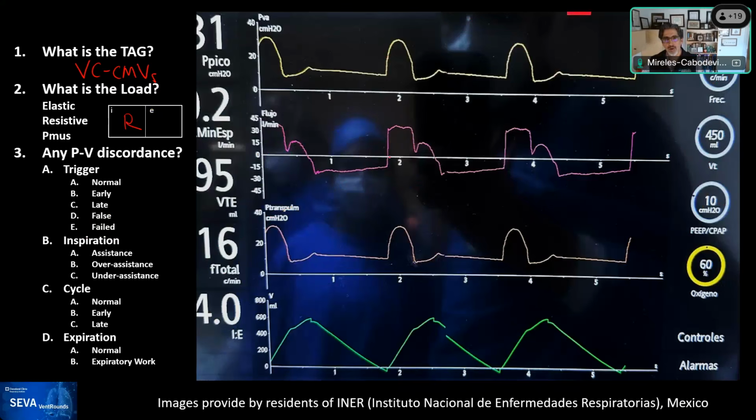These are mandatory breaths, so the pressure goes rapidly up and then comes down, and this comes down due to what we're going to talk about in a second, but this is not a passive waveform. There is evidence of PMOS in the later part of the breath. But if this had continued, I would suspect that that was one of the features.